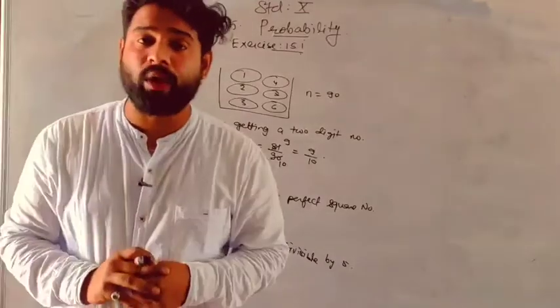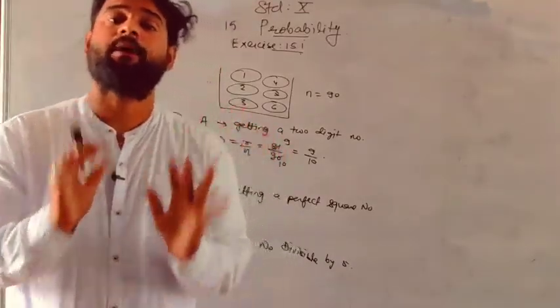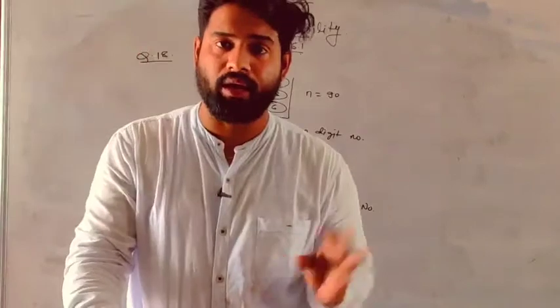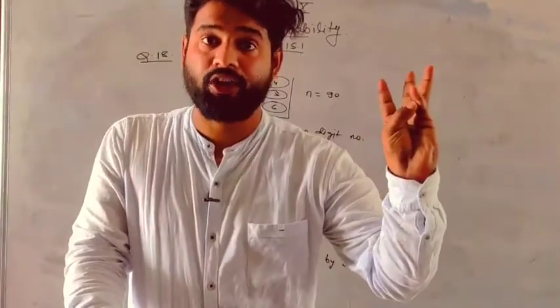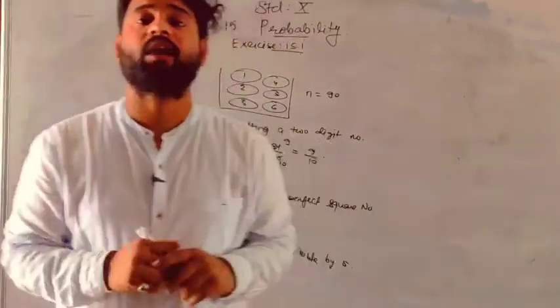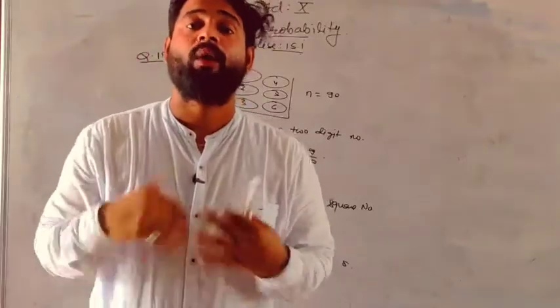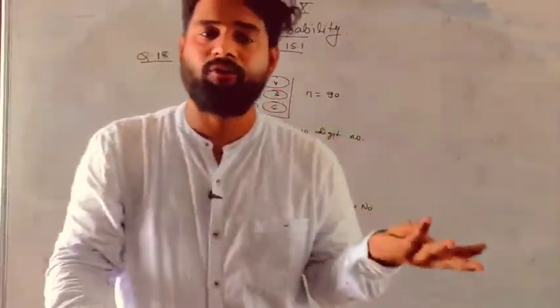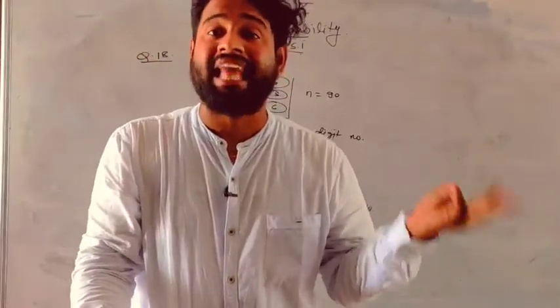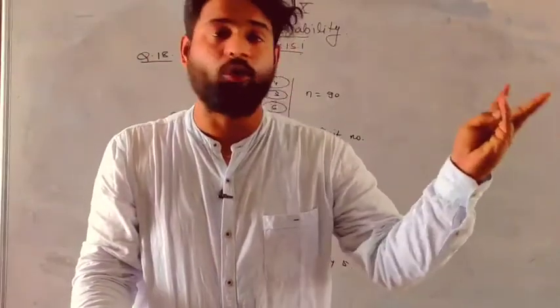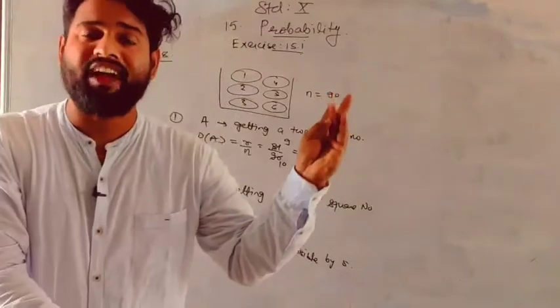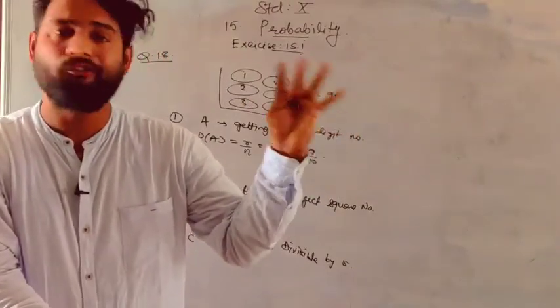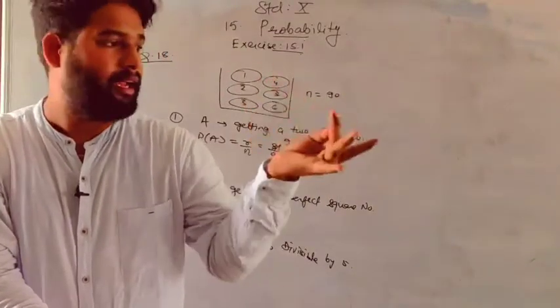Getting a perfect square. Now what are the perfect squares? 1, 4. 4 is a perfect square number. Perfect square numbers are those numbers where you can find the root easily. Square root of 1 is 1. 1, 4, 9, 16, 25, 36, 49, 64, 81.